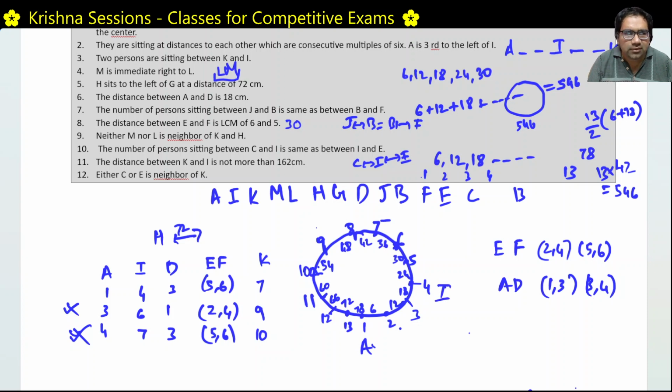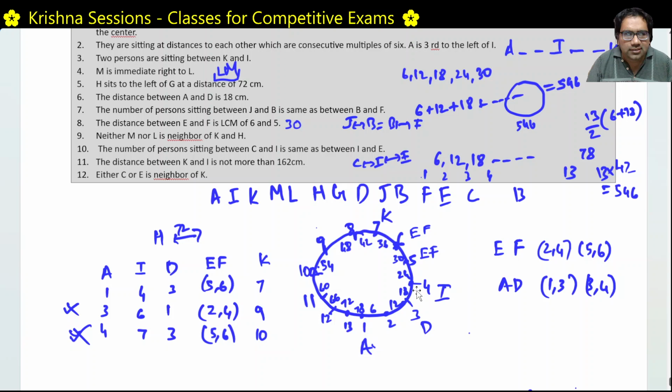I is this one, and that means D is this one. And now what? K is this one. K is two steps away from I, right? Now, E and F will be 5 and 6 only.